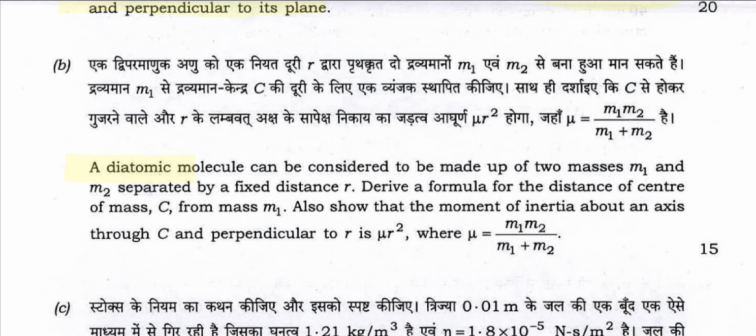A diatomic molecule can be considered to be made up of masses m1 and m2 separated by a fixed distance r.